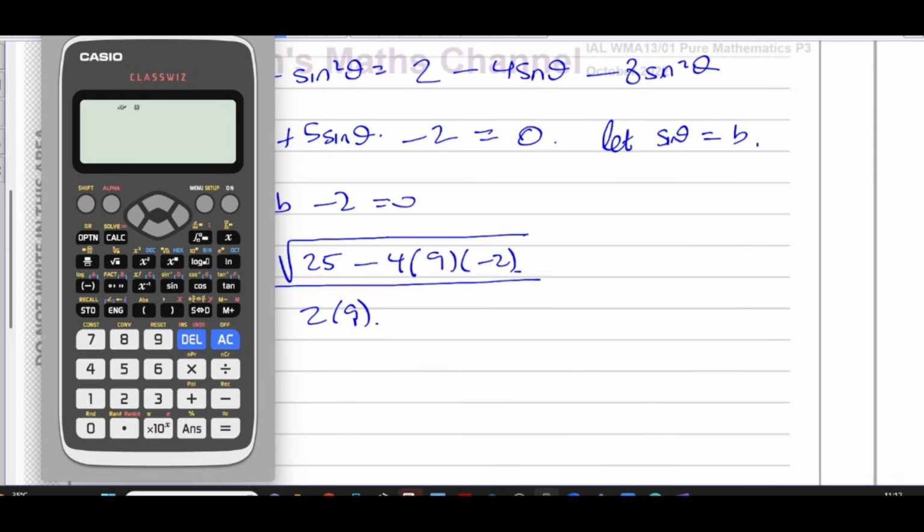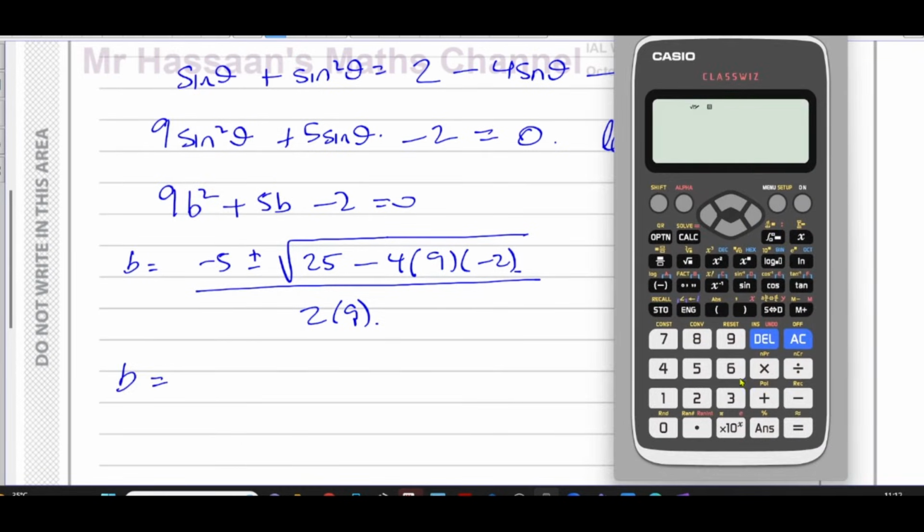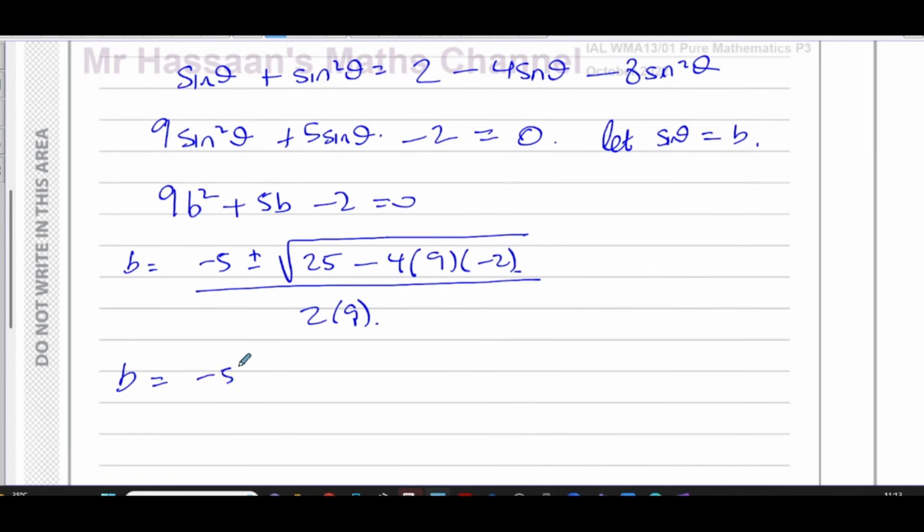In general, you should really show that you've used the quadratic formula. So minus 5 plus or minus the square root of 25, b squared minus 4 times 9 times negative 2, all over 2 times 9, 2a. That gives us minus 5 plus root 97 all over 18.